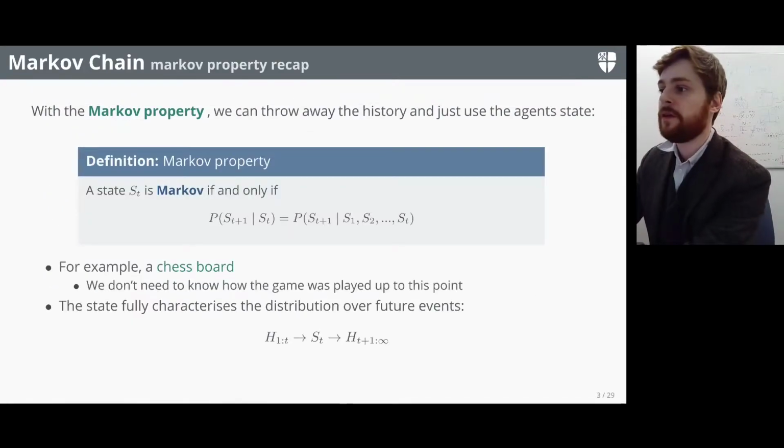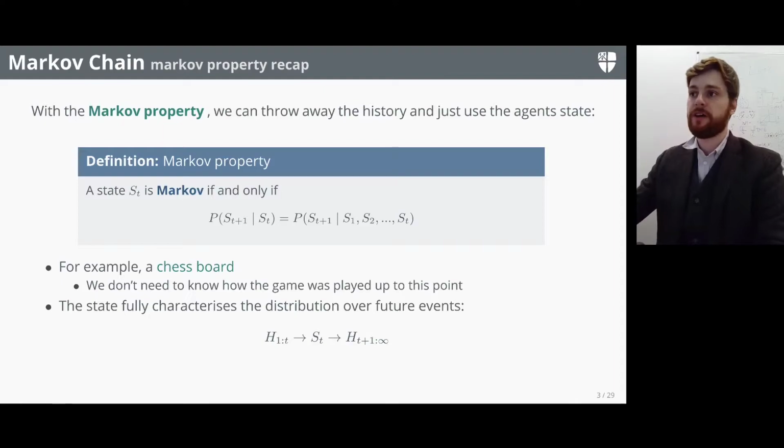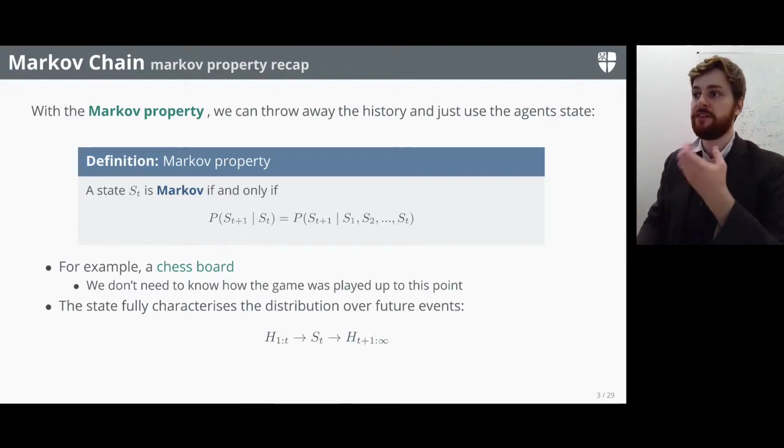So let's have a quick recap on what the Markov property was, or what Markov states were, information states as we also called them. If you remember, a Markov state is one that completely and sufficiently captures all future events. So you can throw away everything before it if your environment can be expressed in terms of Markov states.